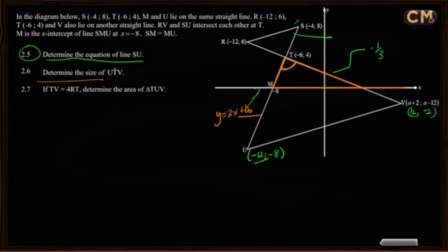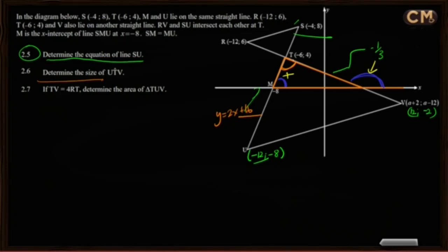If I have that angle and that angle, I can use a very simple grade 9 piece of Euclidean logic, which is the external angle of a triangle is equal to the sum of the two opposite internal angles.